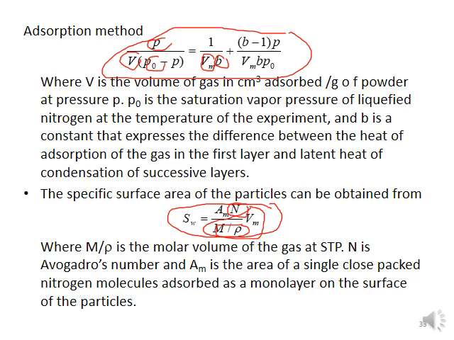If this is also multiplied by the cross-sectional area of the gas molecules, which is in this case 16.2 angstrom square in the case of nitrogen, then the surface area is determined.